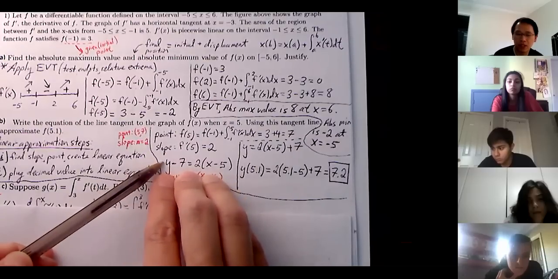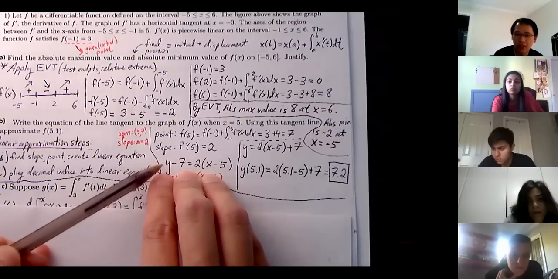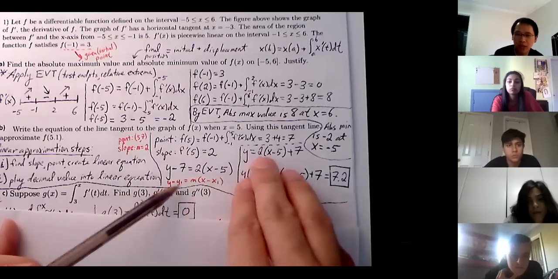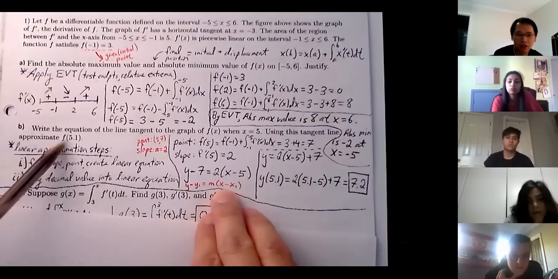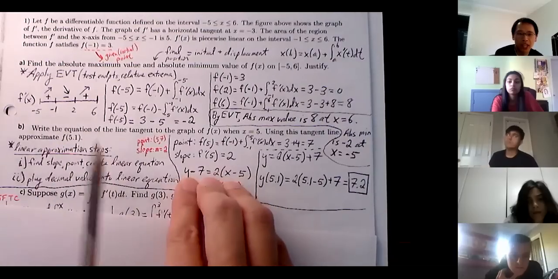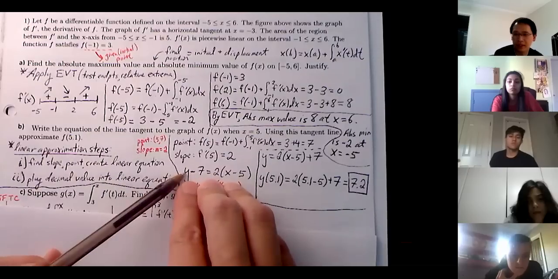You don't have to do it in slope-intercept form. Remember, a reduced expression is not going to get you any more points than unsimplified. So leaving it in this form is fine. But we went a little further in this problem because we had to get y by itself. It's asking for that linear approximation for f of 5.1. But if it's just asking for a tangent line equation, then this is fine.